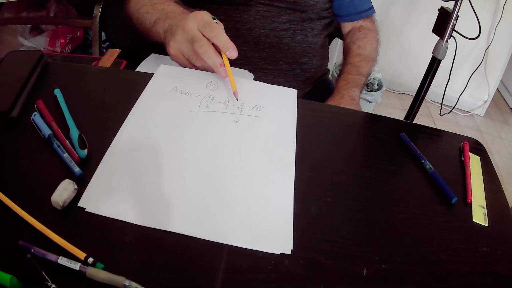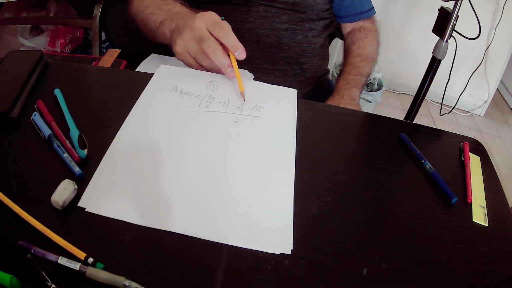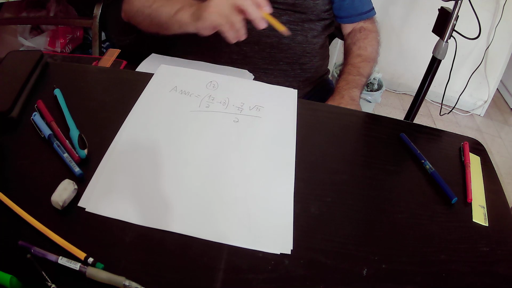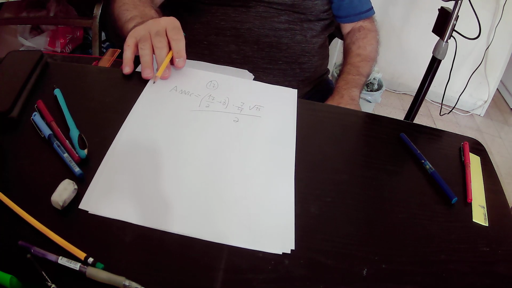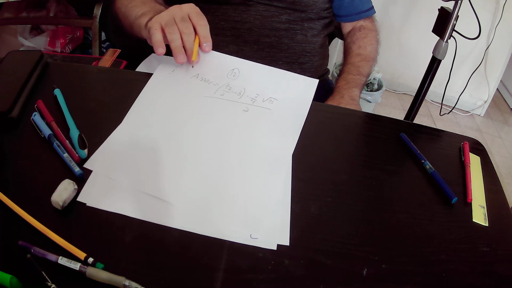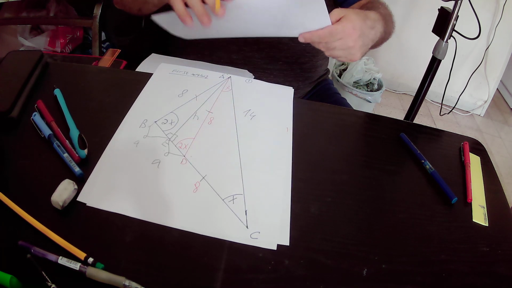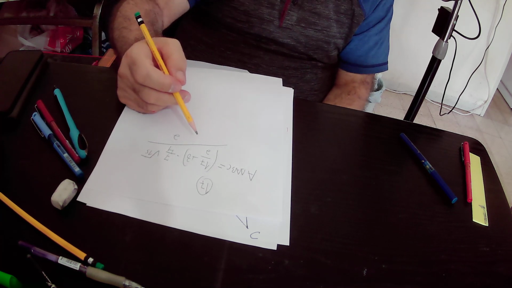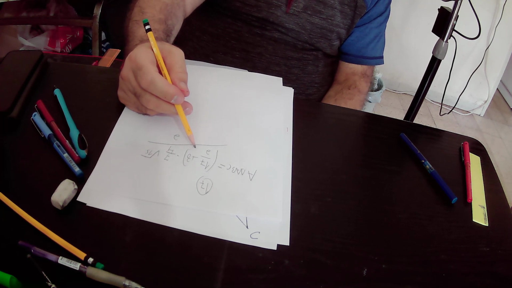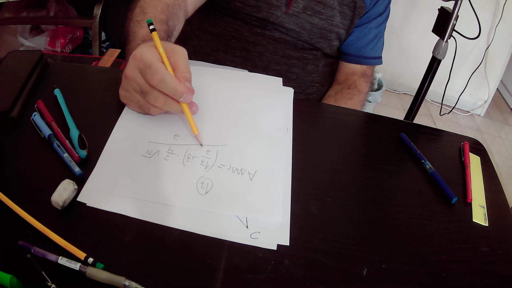Here we can move 2 to the denominator of this equality, and we will get that, and there we can take a common factor.